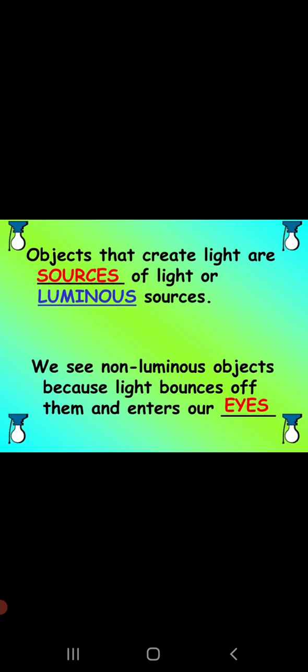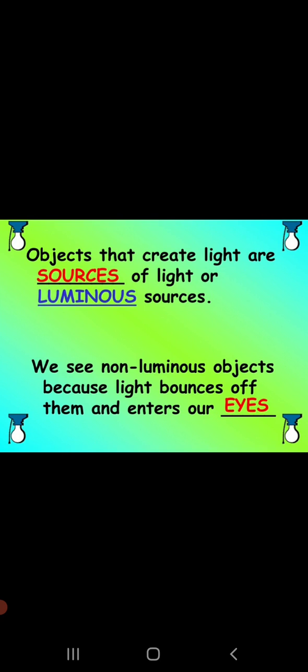Retina is part of the eye, and from the retina the message is passed on to the brain through the nerves, and then the brain interprets the image formed on the retina, helping us to see the object. So did we all understand how we are able to see the objects?